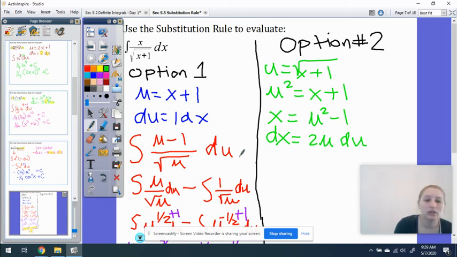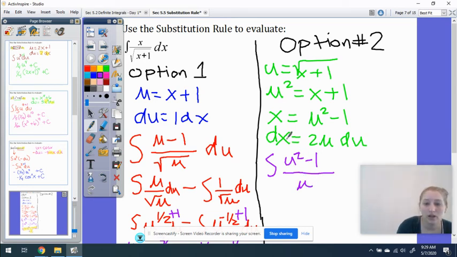So now what we can do is we can go ahead and substitute this in. So we're going to integrate, and the numerator is x, and x represents u squared, or sorry, u squared minus 1, all divided by, we had the square root of x plus 1 is my u.